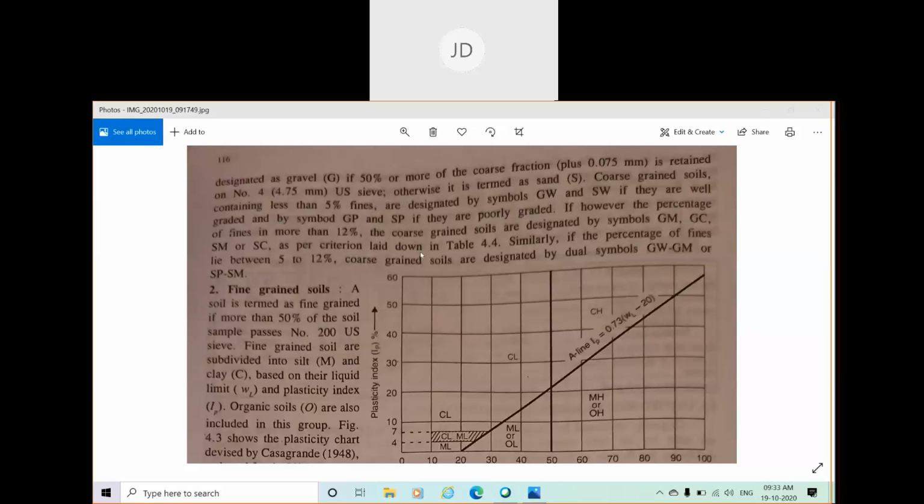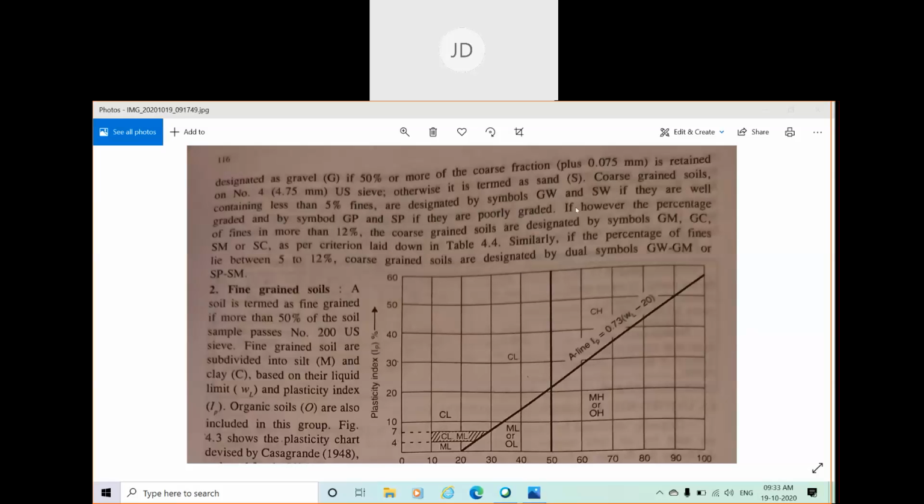If the percentage of fines present in the coarse grained soil is between 5 to 12%. From here only you can understand. You can see it is written here, coarse grained soil containing less than 5% fines. Let's take it as the first type.